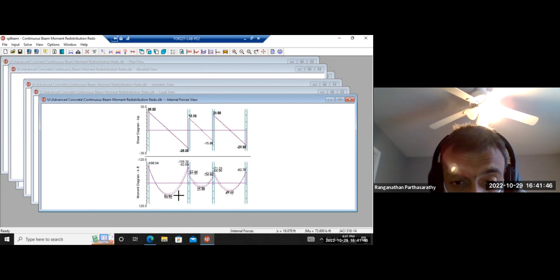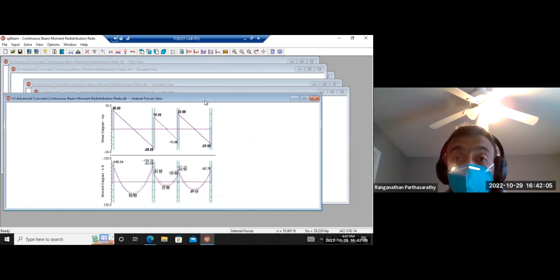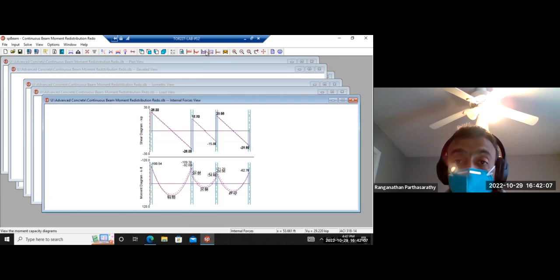Now you can see clearly here. The dotted one is before moment redistribution. So we did it at this support and this support. You can see the dotted one, the negative moment comes down after redistribution. Of course, the positive moment will go up slightly.